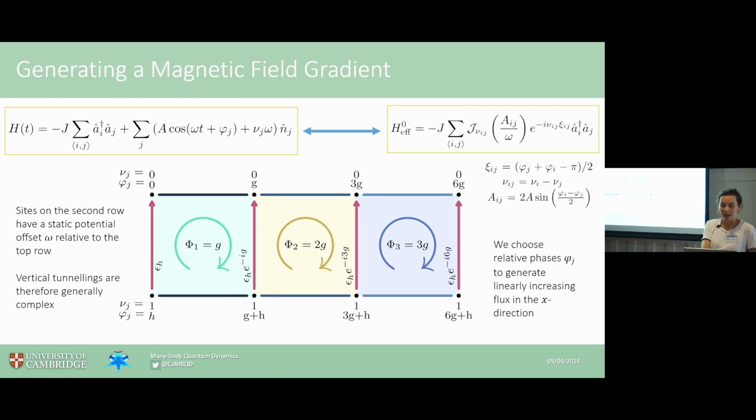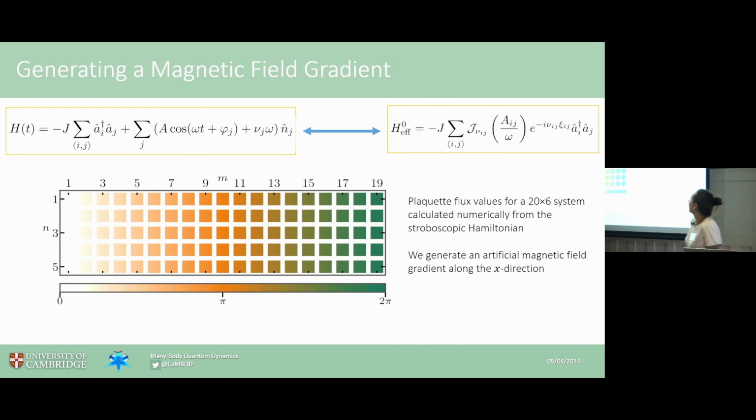And we can verify that this works numerically. Here's a numerical simulation of this on a 20 × 6 system. Here we've shown the plaquette fluxes of the system by the color bar, and we can engineer these to change in a linear way.